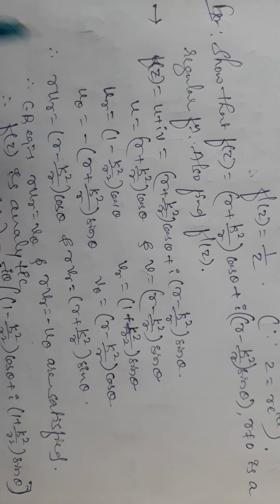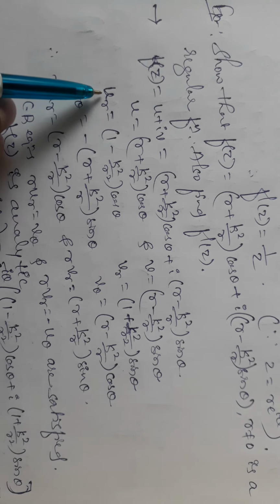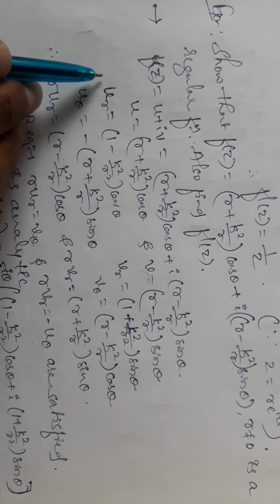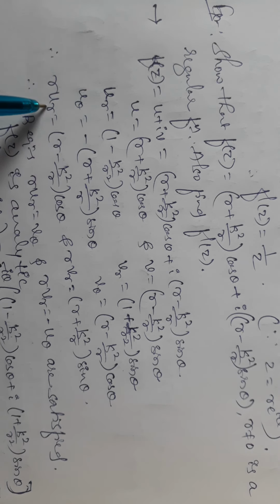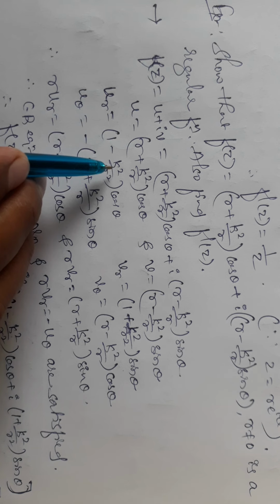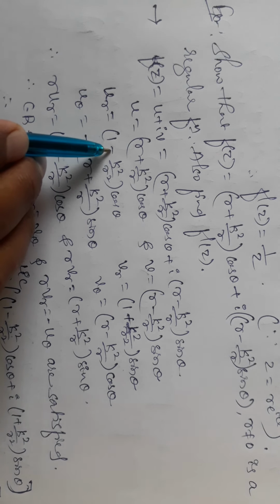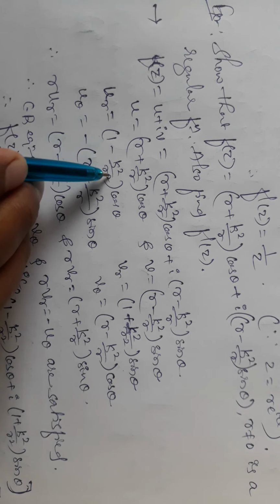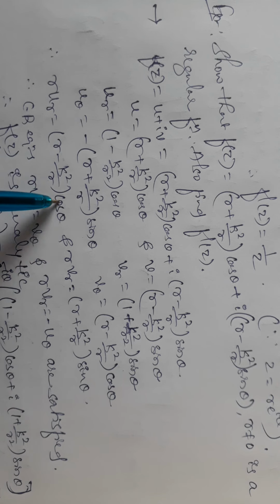Now we can rewrite the u r term as it is, multiplying r on both sides: r into u r equals, we multiply r here, r minus k square by r cancels, so r minus k square by r cos theta.